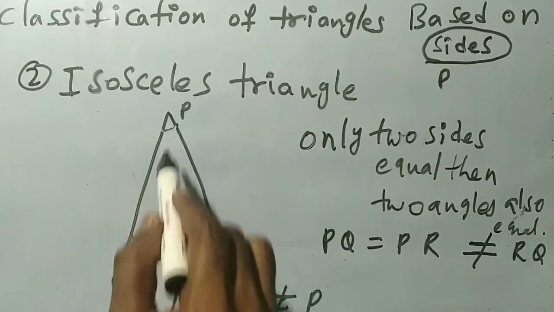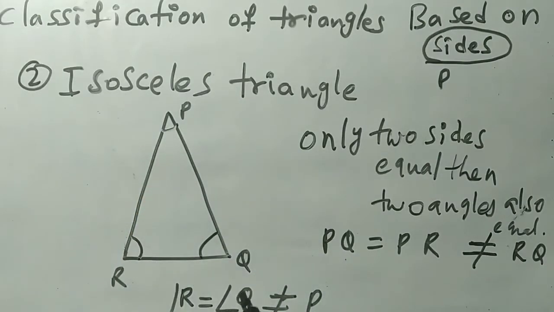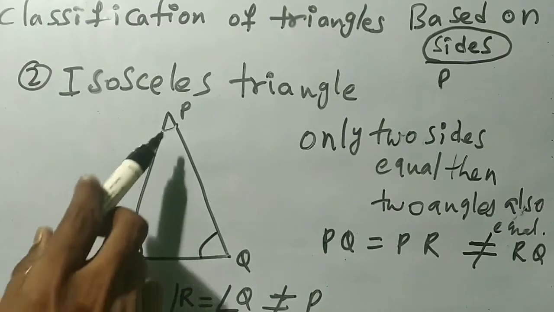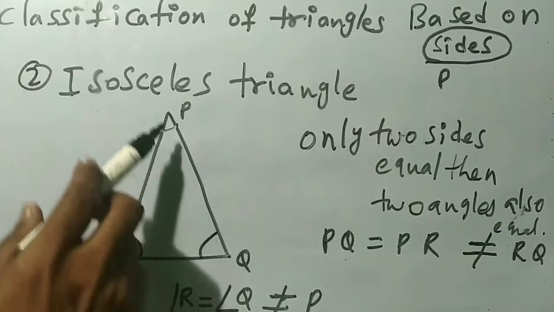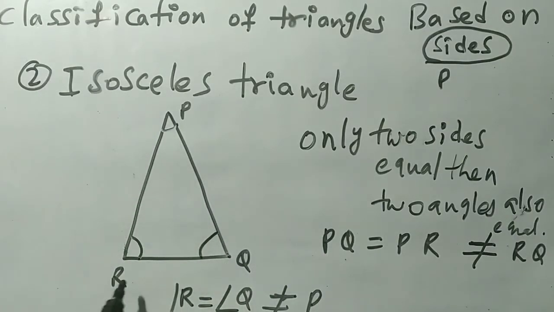Angle P's opposite side is not equal. If any two sides of a triangle are equal, then it is an isosceles triangle. Here PQ is equal to PR. RQ is not equal to PQ.